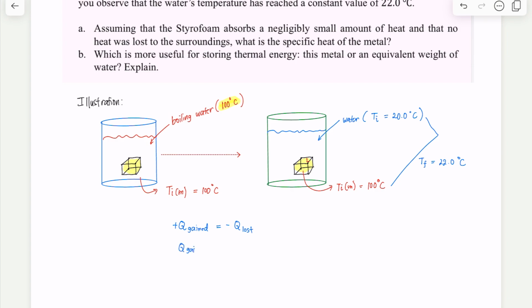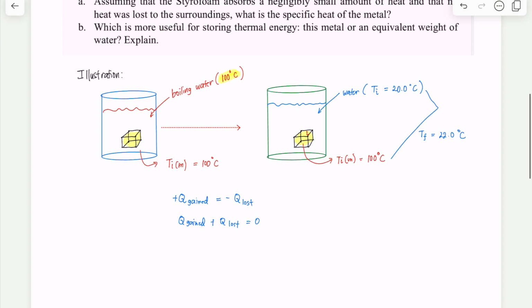Q gained, and then you transpose that one, plus Q lost should always be equal to 0. Another way of thinking about this, so this is how you should approach a calorimetry problem: the Q in the system is just equal to 0, where the Q in the system explicitly refers to the lost heat, in this case the Q of the metal, because the metal is losing heat.